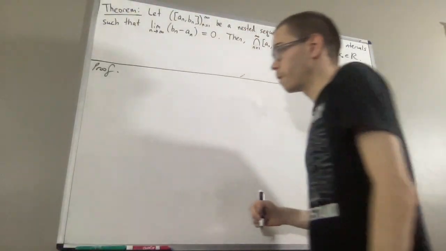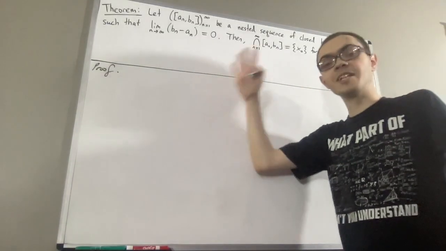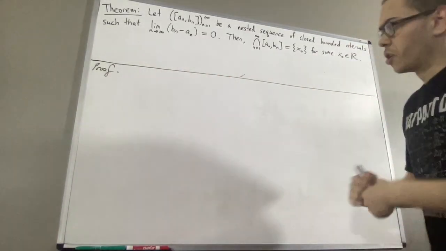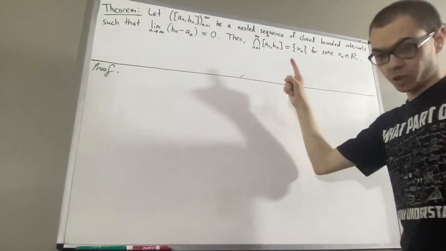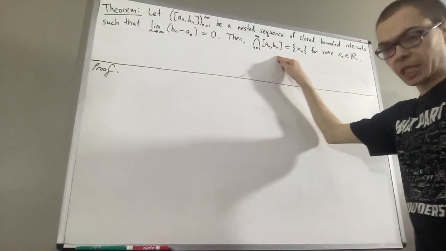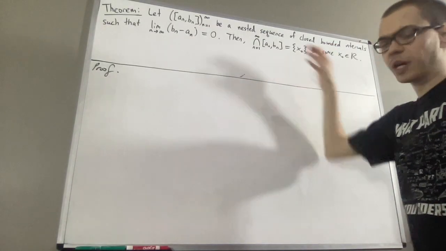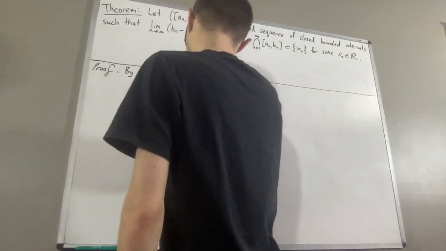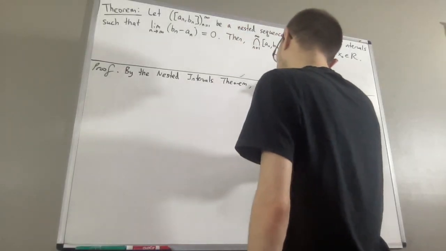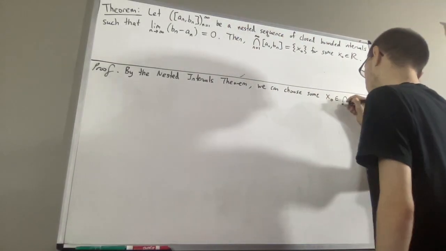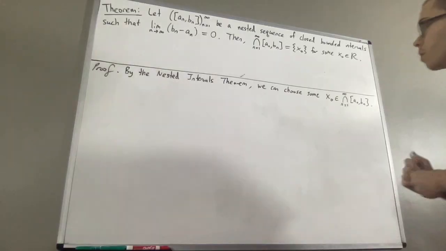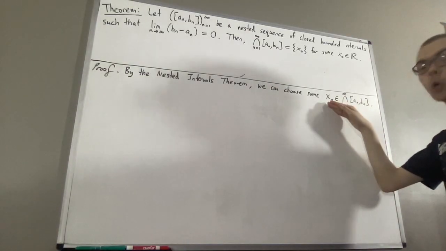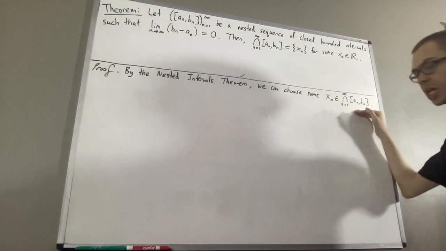So to start out the proof, let's first note, by the nested intervals theorem, there does exist at least one real number in the intersection. So let's just pick one. I'll call it x0. Now we're going to show that x0 is the only real number in the intersection.